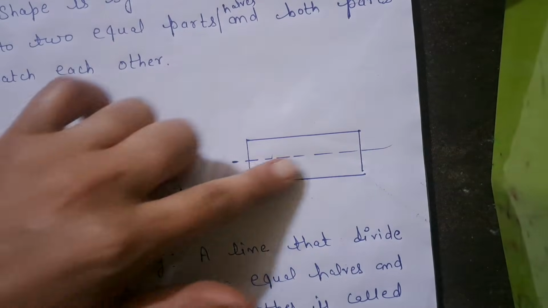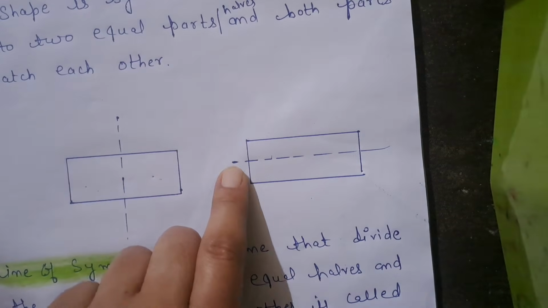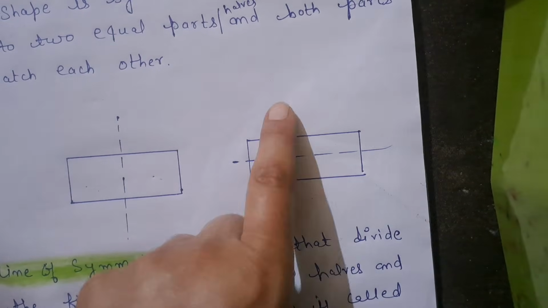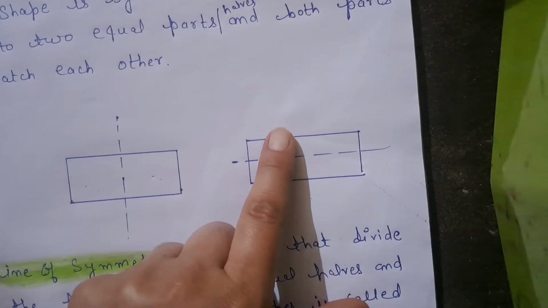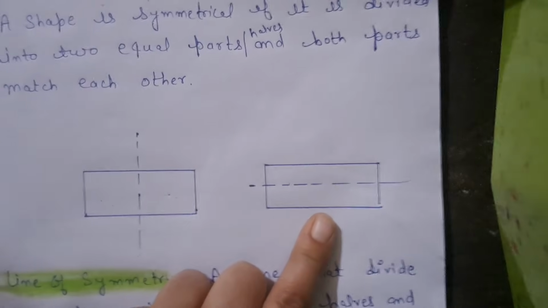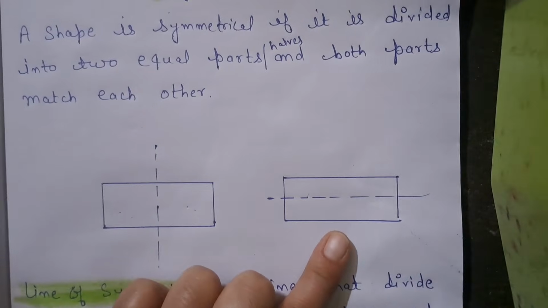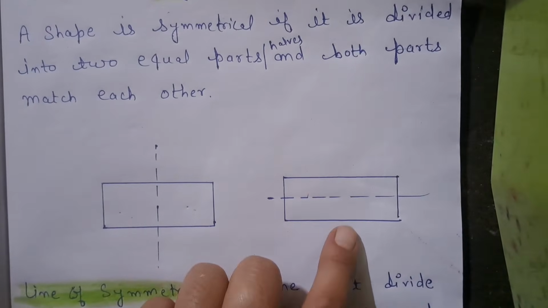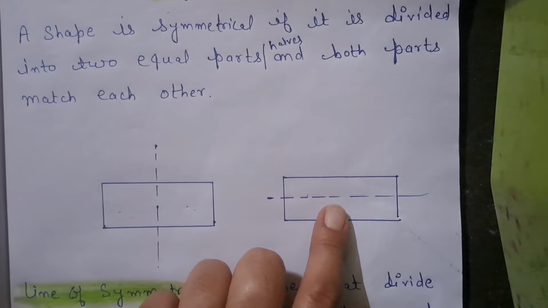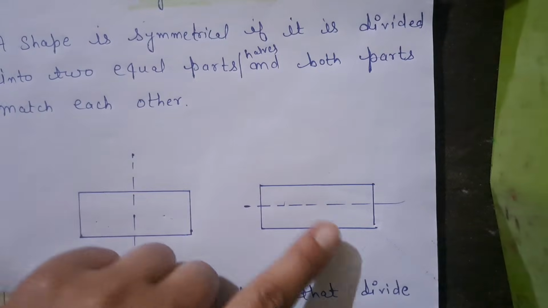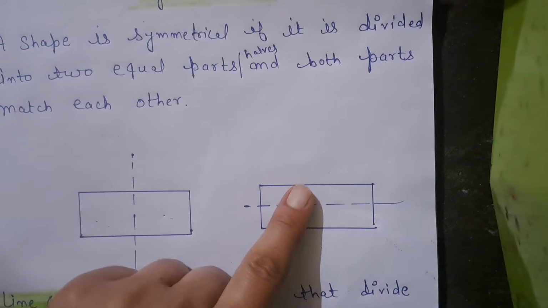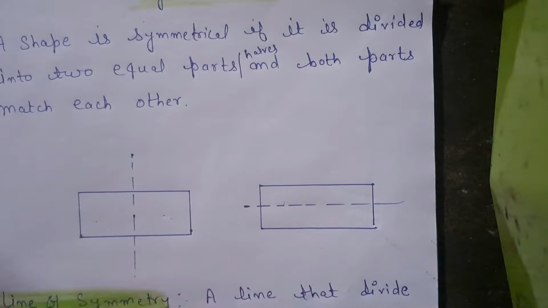So let's look at it. This vertical line divides the rectangle into two equal halves, and both the halves are the same size and same shape. You can say that both the halves exactly match each other. So we can say that this rectangle is a symmetrical shape.